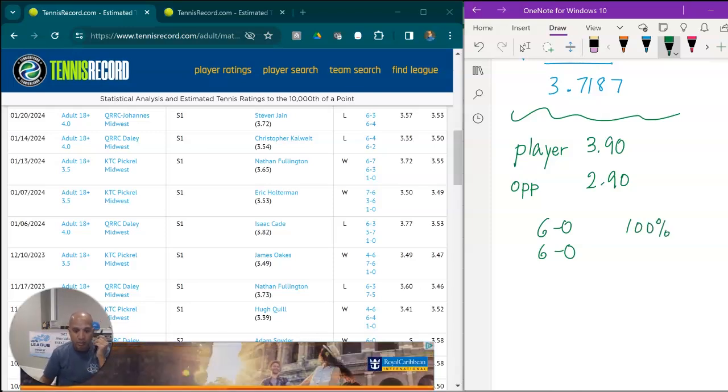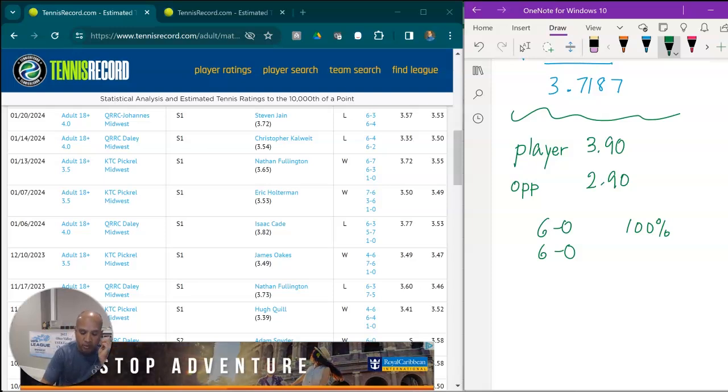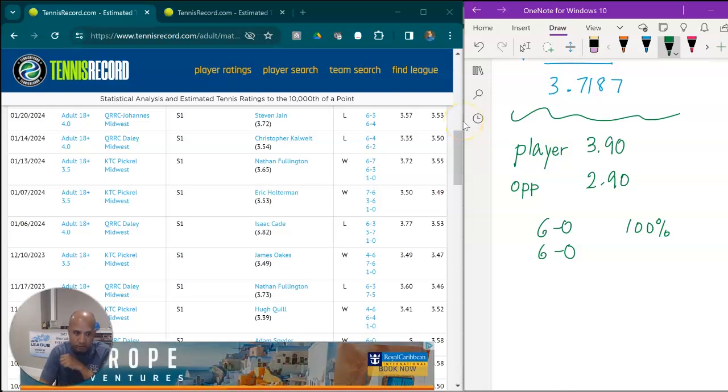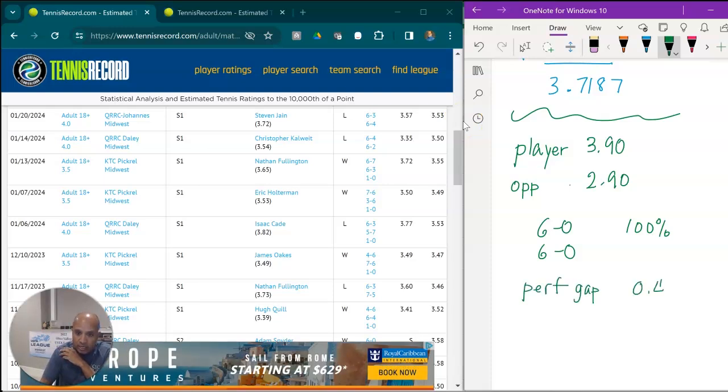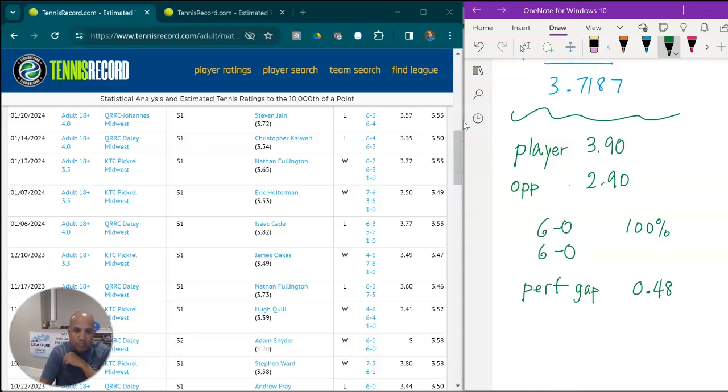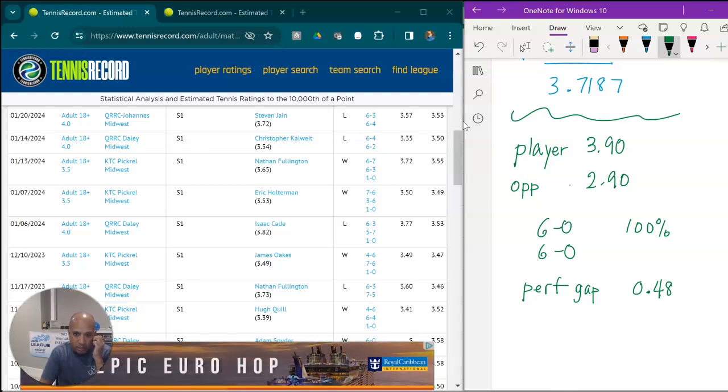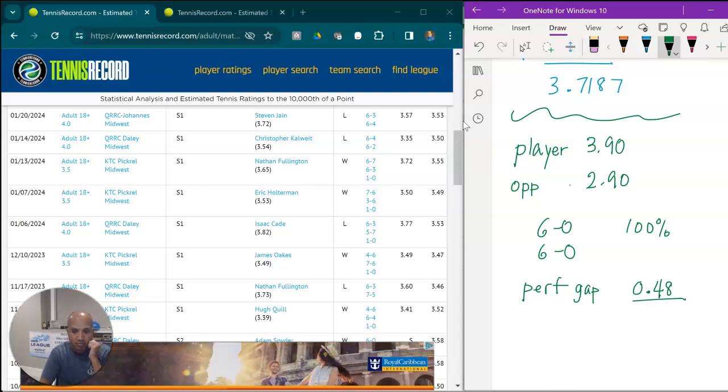Well, if we look up in our table what the performance gap is when a player wins 100% of the games, the performance gap normally is supposed to be 0.48. And in fact, it is. If you look at the data in most matches where one player wins 6-love, 6-love, TennisRecord.com will assume a performance gap of 0.48.